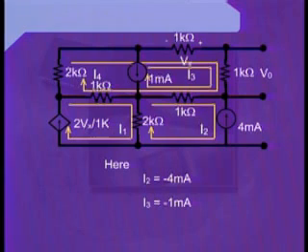And also, a circuit element which is independent current source is involved into the mesh number 3, and this independent current source is having a value of 1 milliampere. However, we can observe that the direction of flow of the two currents, that is I3 and 1 milliampere current, are opposite to each other. Therefore, once again we can write I3 with a negative sign. Hence we write I3 is equal to minus 1 milliampere.